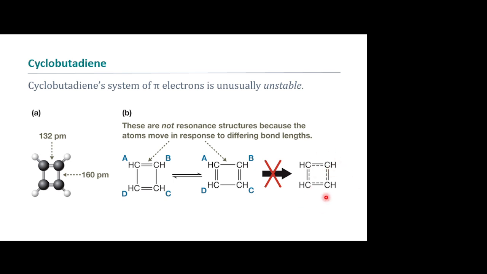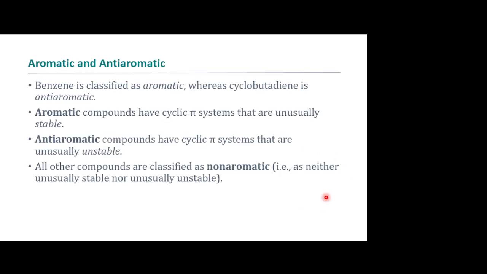So this is not the resonance structure here. Okay? So benzene is classified as aromatic. Cyclobutadiene is actually anti-aromatic. It's the opposite of aromaticity. Okay? It does not share a conjugated system along the entire ring structure, and in fact gets a destructive feedback that makes it less stable. Okay? Aromatic compounds are going to have cyclic pi systems that are going to be unusually stable.